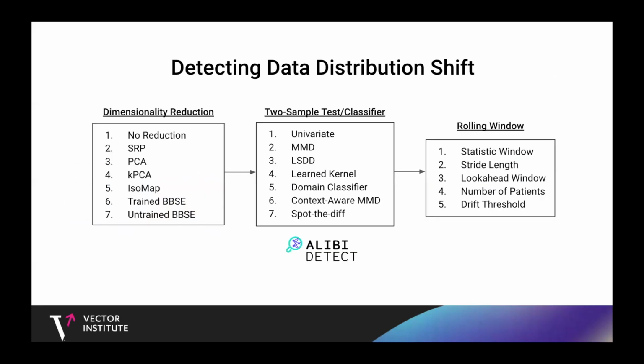And so right now, the module supports the following dimensionality reduction procedures, as well as two-sample tests and classifier methods. For the rolling window, you can adjust parameters like the statistical window, the stride length, the look-ahead window, the number of patients you want to perform the test on, and the actual drift threshold.